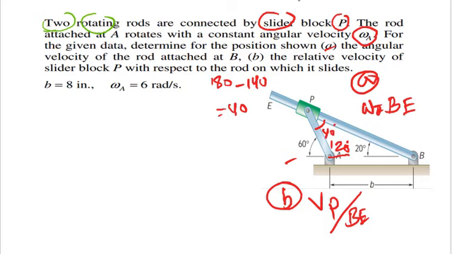Now we have to find the rest. We have to apply the sine formula to get all the values, because we know AB is given.